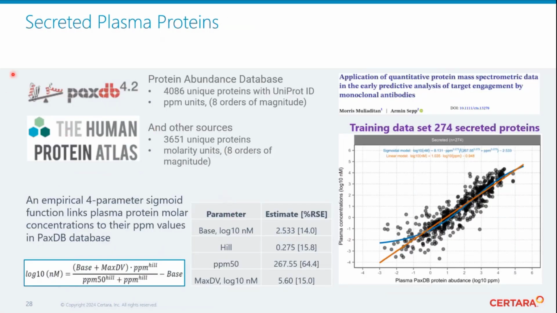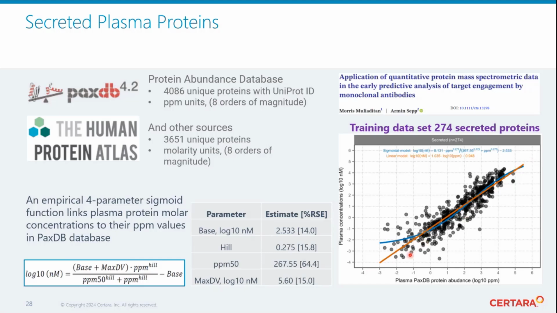Fortunately enough, there is a protein mass spectrometric database called PaxDb. It's public, it's freely available to everybody. And we were able to figure out the correlation between the molar concentration of a protein and its parts per million relative concentration in that database.